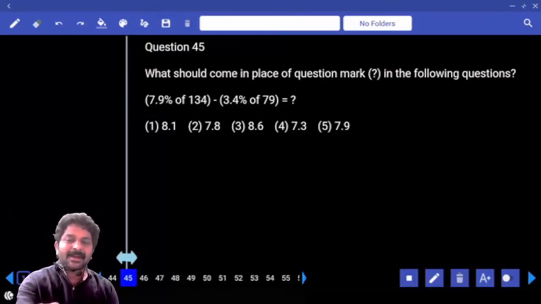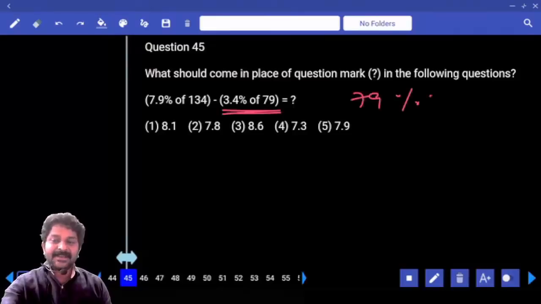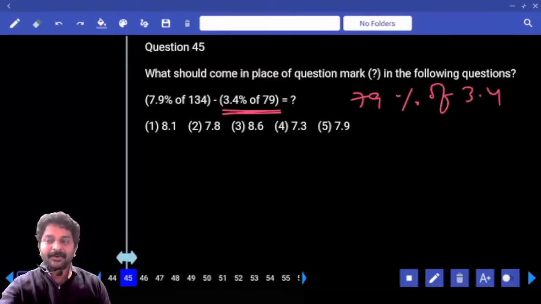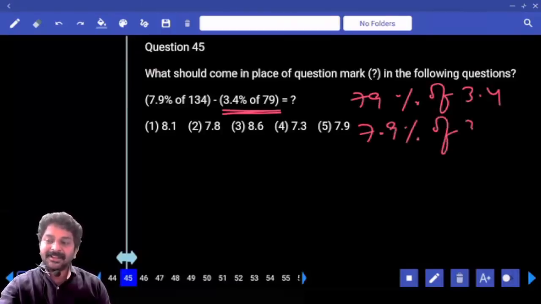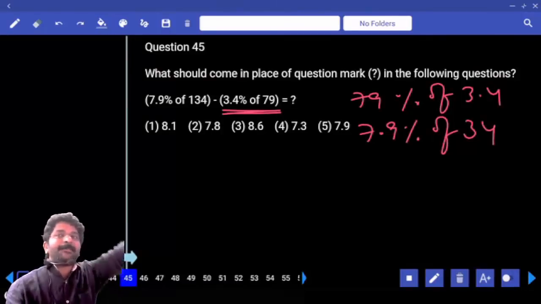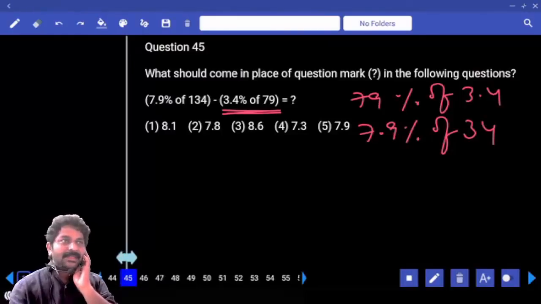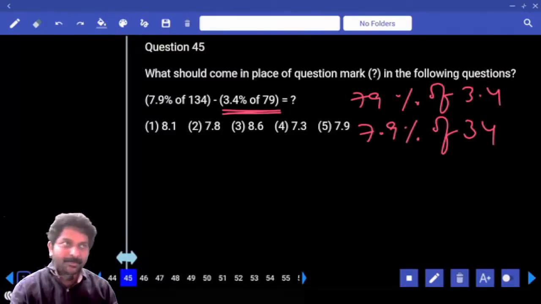The second number, 3.4% of 79, I will treat it as 79% of 3.4. Can I also treat it as 7.9% of 34? I am dividing 79 by 10 and multiplying 3.4 by 10. Okay. A% of B can be converted to B% of A also, no problem.